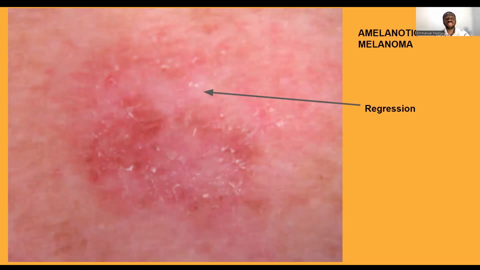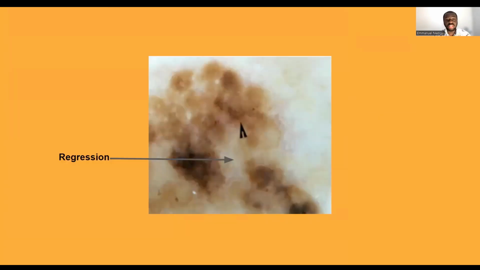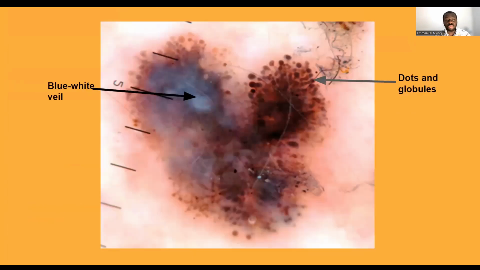So we've come to the end of this very short video that demonstrates the dermoscopic features of a melanoma. Okay, just to summarize, you can see asymmetry, different hues, levels of pigmentation, presence of dots and globules, especially in the periphery, which suggests active proliferation of melanocytes. You can see the blue-white veil.